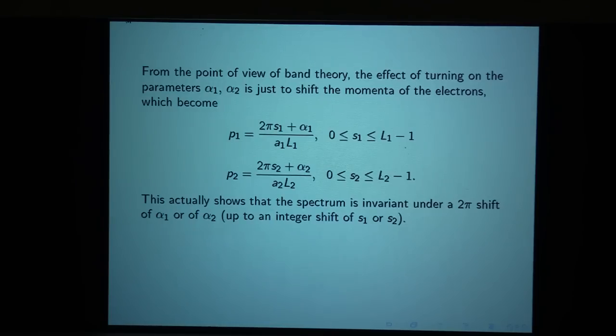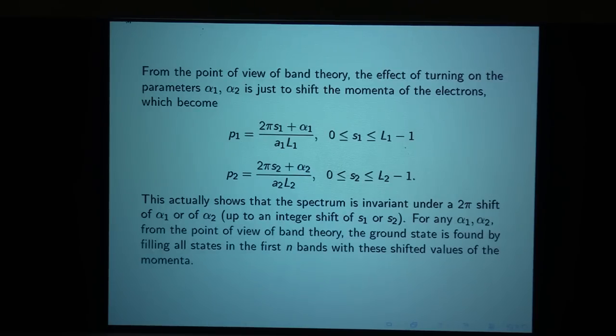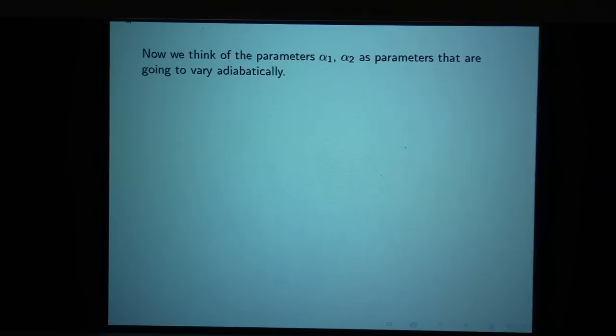So the band spectrum is really invariant under a 2 pi shift in alpha 1 or alpha 2. So for any alpha 1 and alpha 2, from the point of view of band theory, we fill all states in the first n bands with these shifted values of the momentum. And that gives the ground state.